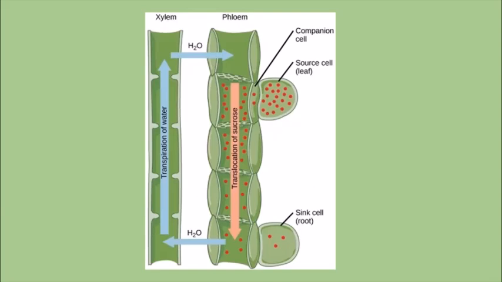Phloem consists of living cells containing cytoplasm, and these also form tubes which are joined to each other, and it helps in conduction of food in the form of sugar and amino acids from the leaf to various parts of the plant, and it works in both upward and downward directions. These are the two types of complex permanent tissues, xylem and phloem.